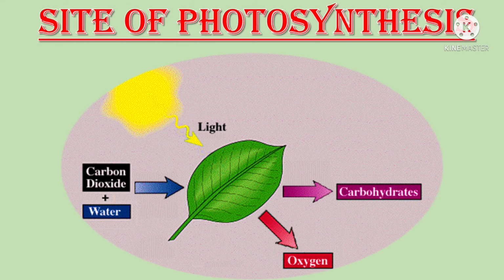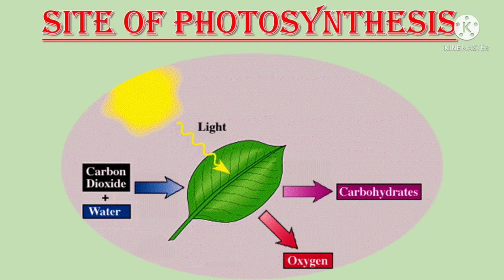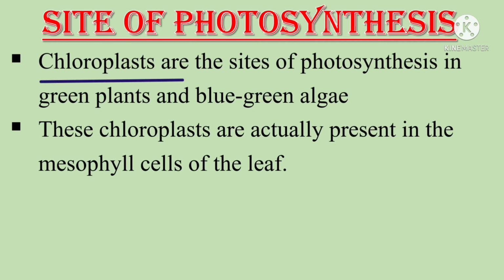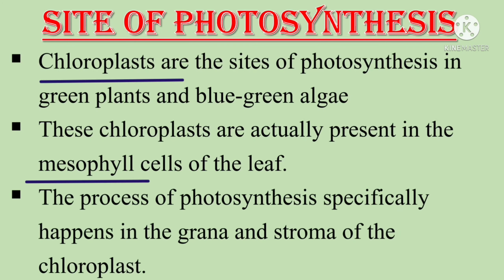Now in this class, dear students, you are going to learn in detail where exactly this process of photosynthesis occurs in a leaf. Dear students, please note that chloroplasts are the actual site of photosynthesis, and chloroplasts are present in the mesophyll cells of the leaf.